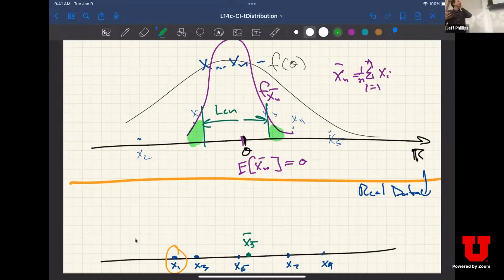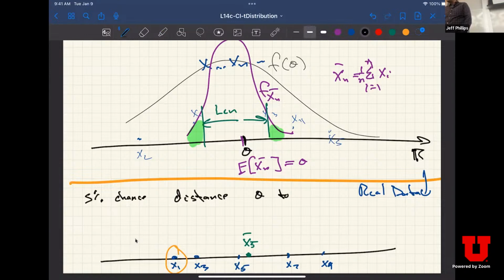Okay. So now I can say there's a symmetric property: there's a 5% chance that the distance from theta to X5 bar is greater than this length.